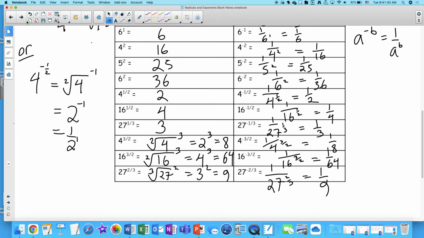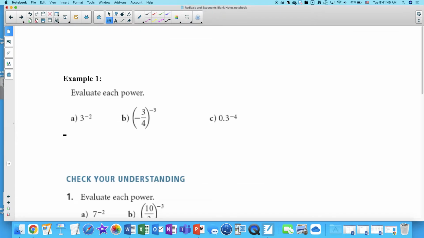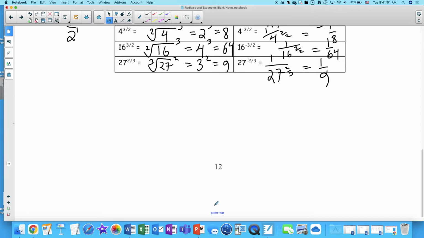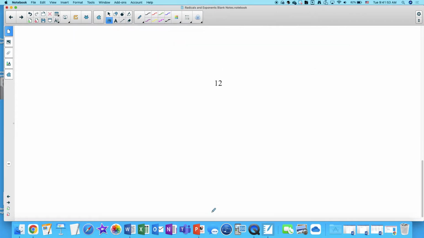Actually, before we do that, I want to just make some generalizations. So we already did make a generalization, which was this. A to the negative b is 1 over a to the b. Okay, so generally, a to the negative b is 1 over a to the b.